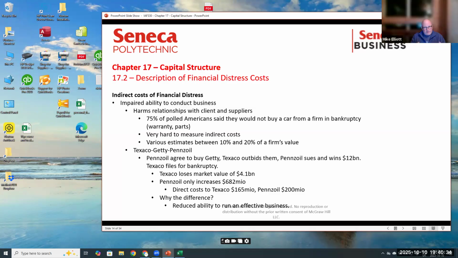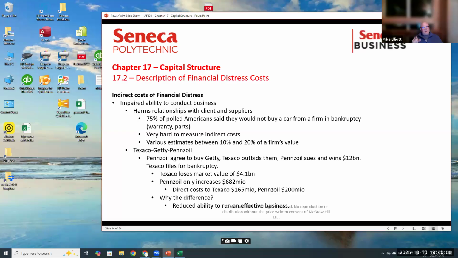The indirect cost, the direct costs were what they are, 165 and 200. But what's the difference? Why does one lose 4.1 billion and one only makes 682 million? And the difference is we have a different impact on our ability to effectively run our business.